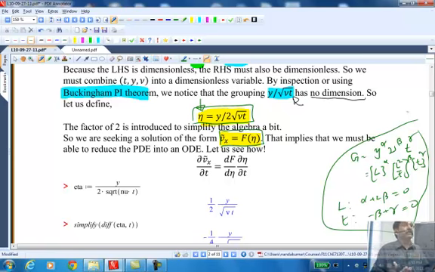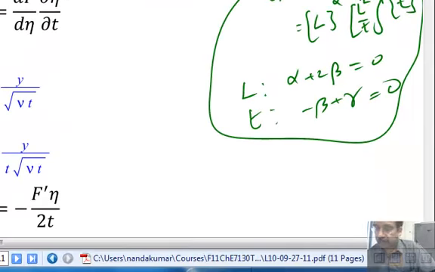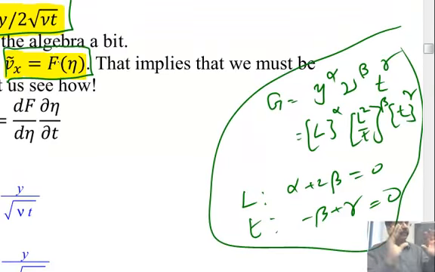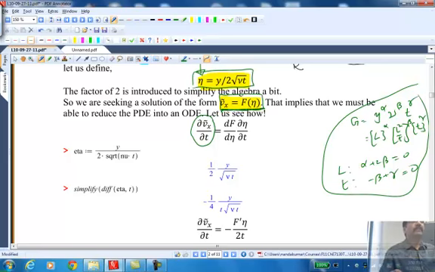Okay. So now your Maple skills should come in handy, or in an exam you need to do this painfully by taking partial derivatives. But what we are going to do is work with the left-hand side, dvx/dt, in the differential equation, and apply the chain rule, because vx is the same as the unknown function f. So in that equation, vx equal to f of eta, I'm just going to call it a new function f, which is a function only of eta. vx is a function of t, y, and kinematic viscosity.